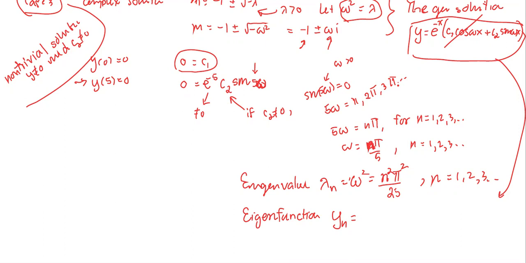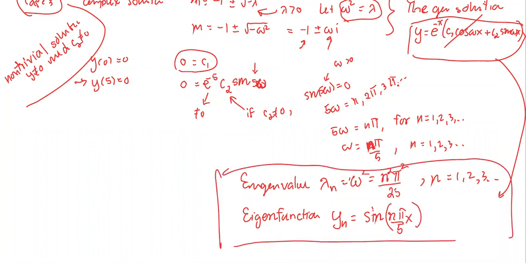The core piece of the solution will be based on the sine function. So y n is sine of omega x, where omega is n pi over 5. So it's going to be sine of n pi over 5 times x.